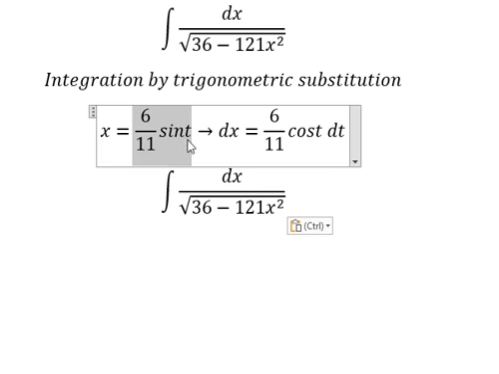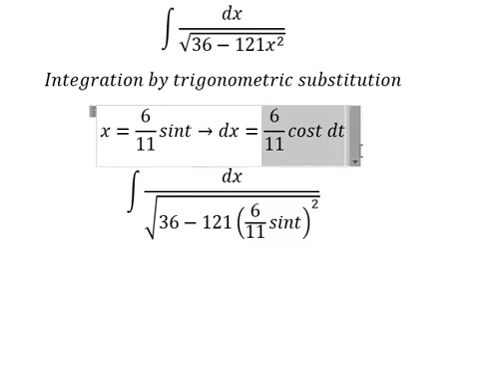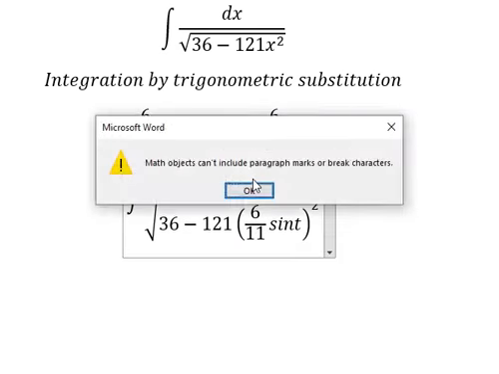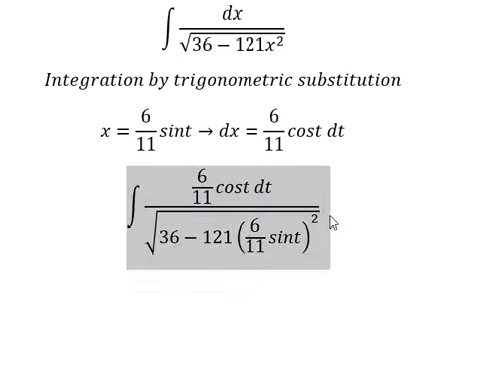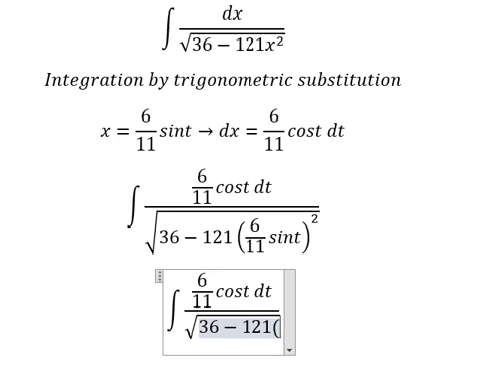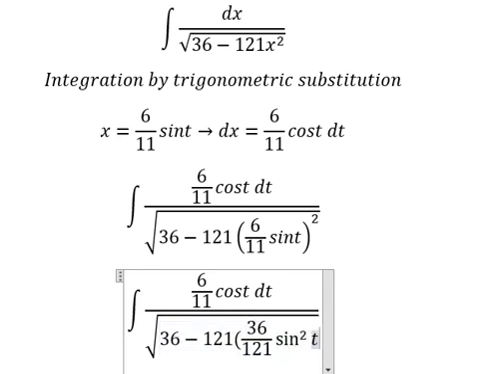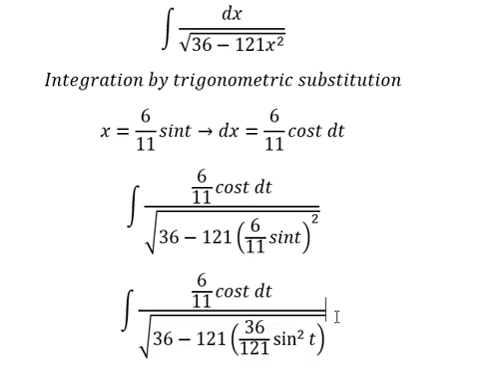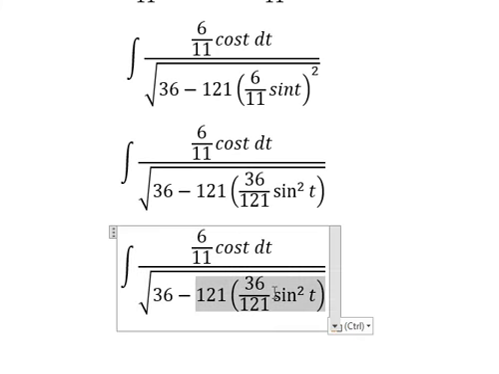So I will put this one in here and this one in here. So this one we have 36 over 121 sine t squared. And now we need to simplify 121 in the numerator and denominator.